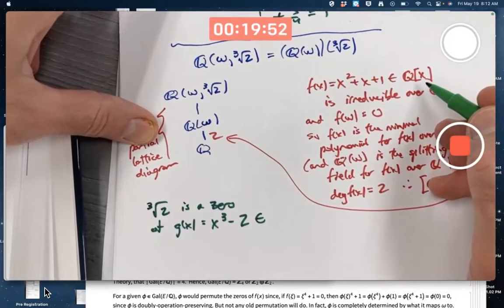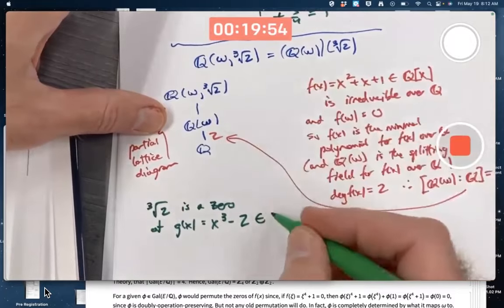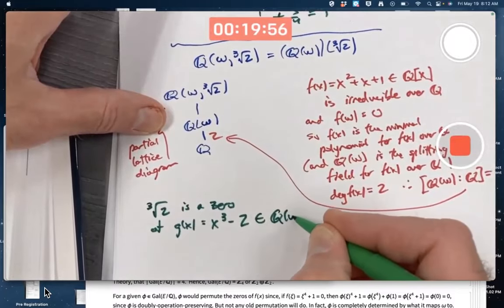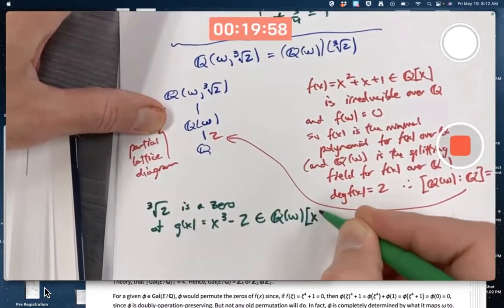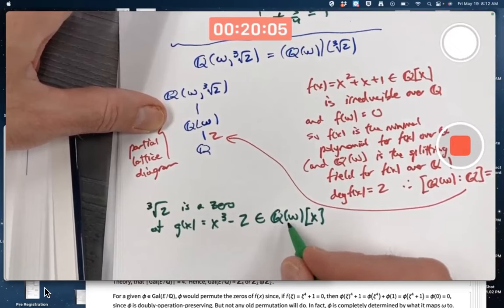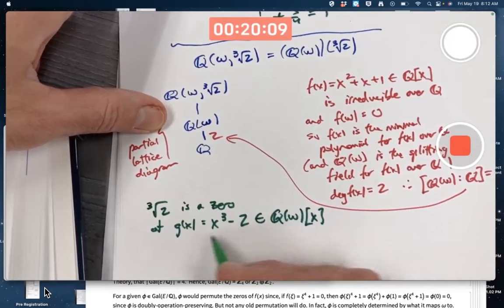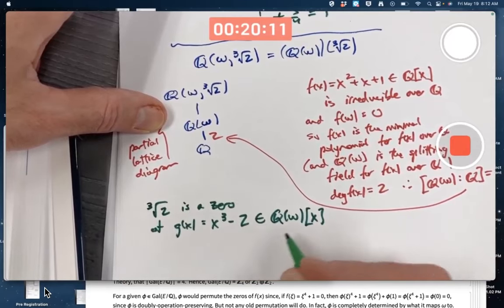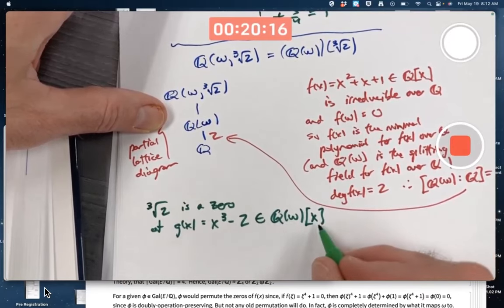But more relevant for what we're talking about here with this extension, it could also be thought of as an element of this ring. Notice the notation you see there. That's purposeful. Q(omega), Q adjoin omega, is the field I'm thinking about here as being the coefficients. Of course, the coefficients are actually rational numbers as well. The x there is in square brackets. This is a polynomial ring.